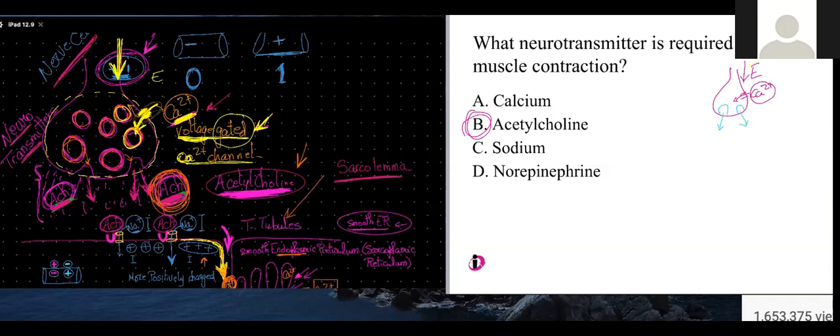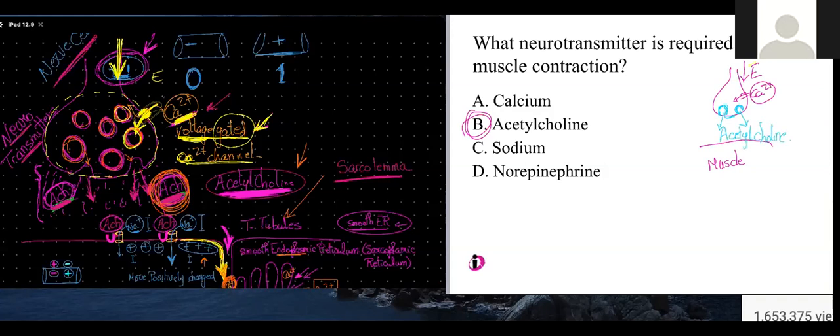The neurotransmitter is the chemical released from the nerve cell that will be binding to the muscle cell. So again, what do we call the neurotransmitter that gets released from the nerve cell to bind to the muscle cell? It's my acetylcholine.